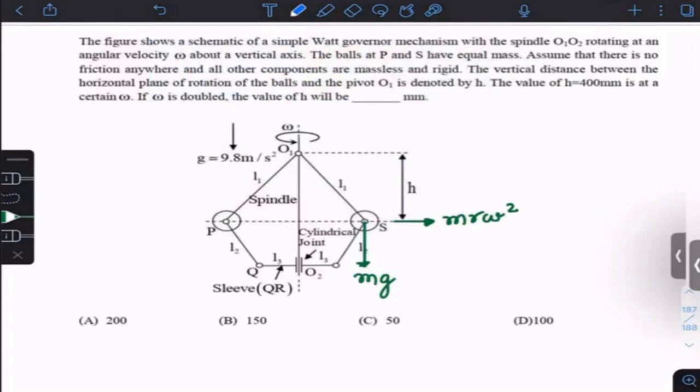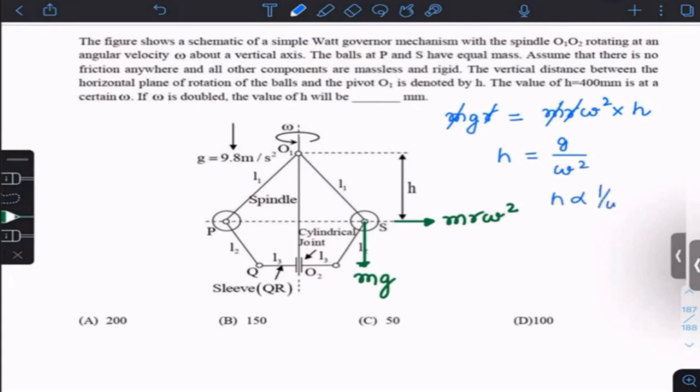If you take the moment about this hinge, this distance will be r. mg into r is one torque in the clockwise direction, equal to the torque of this force, m r omega square into h, since this height is h. So m cancels, r cancels, and H is equal to g by omega square.